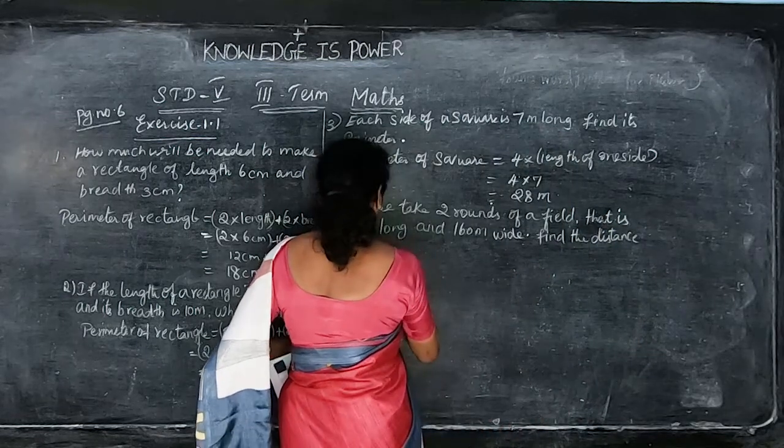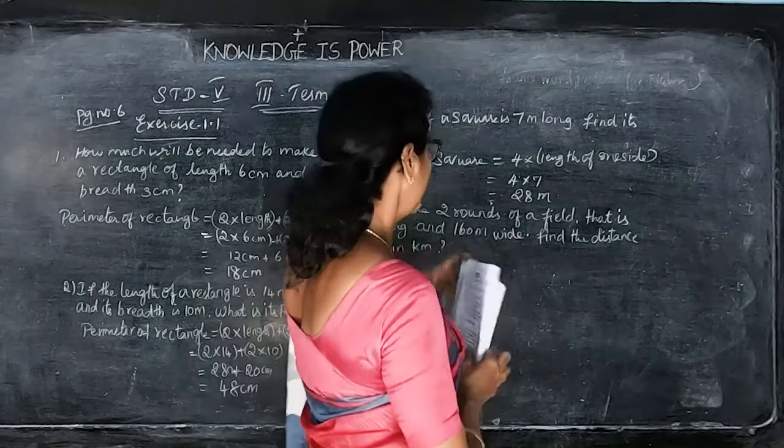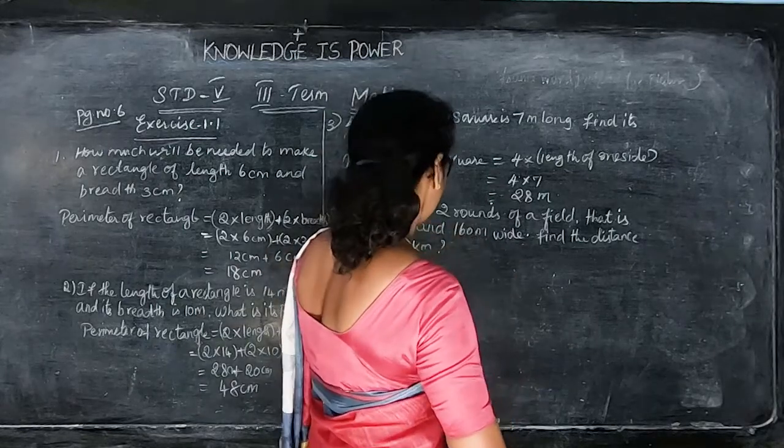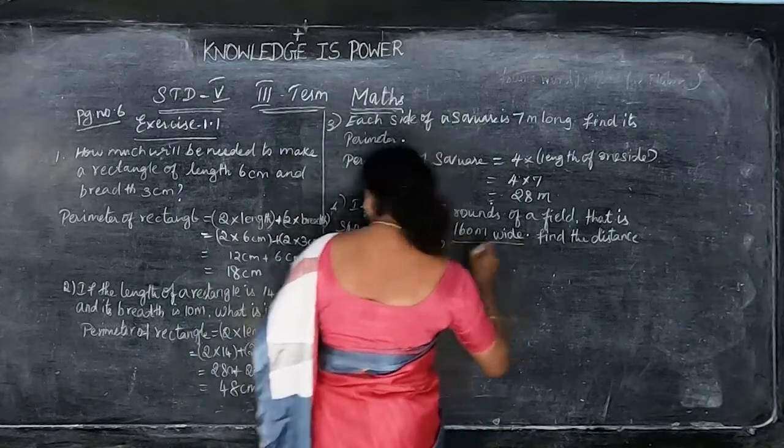So the length and breadth, both are given. If you take 2 rounds of a field that is 340 meter long and 160 meter wide, this is the length, this is the breadth.